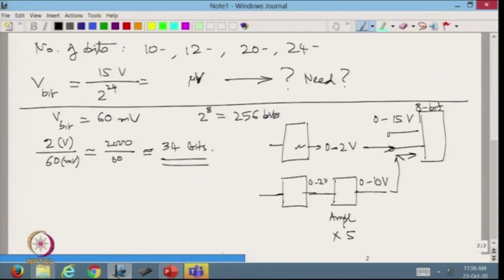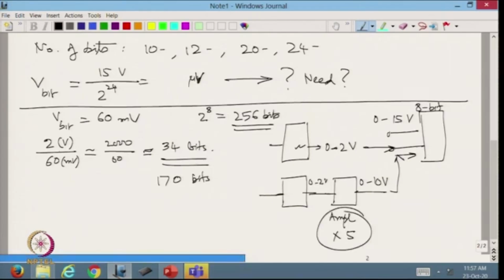So, now what we have done, instead of using 34 bits, we are now using 5 times as many bits, which is 170 bits. So, our ability to discriminate has improved.